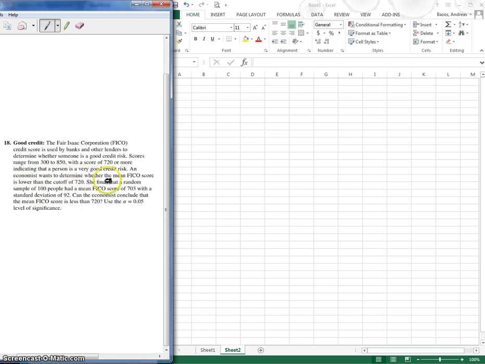An economist wants to determine whether a mean FICO score is lower than the cutoff of 720. She finds that a random sample of 100 people had a mean FICO score of 703 with a standard deviation of 92. Can the economist conclude that the mean FICO score is less than 720? Use the alpha of 0.05 level of significance.